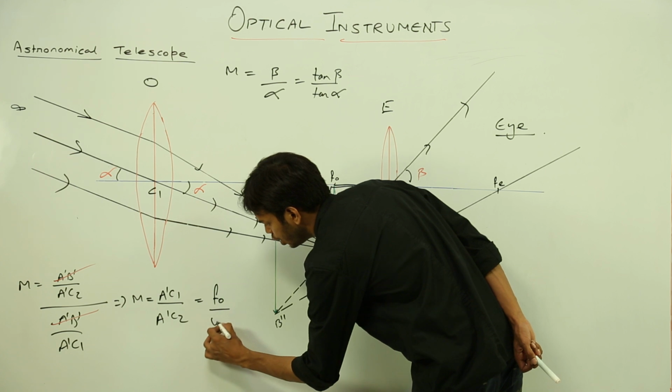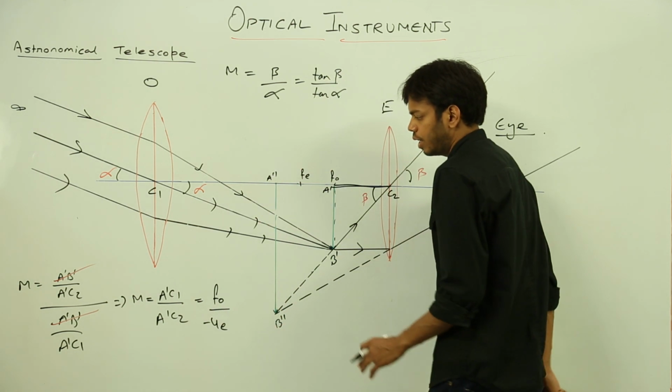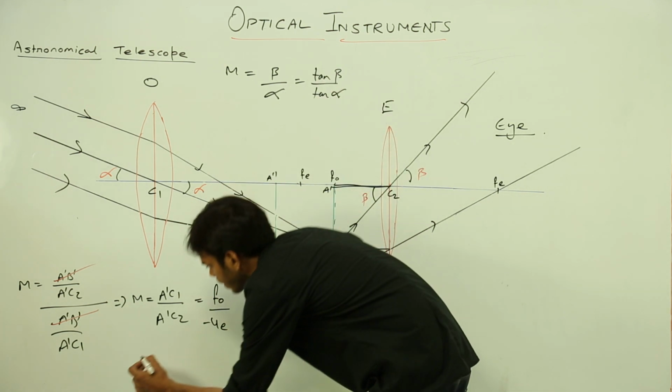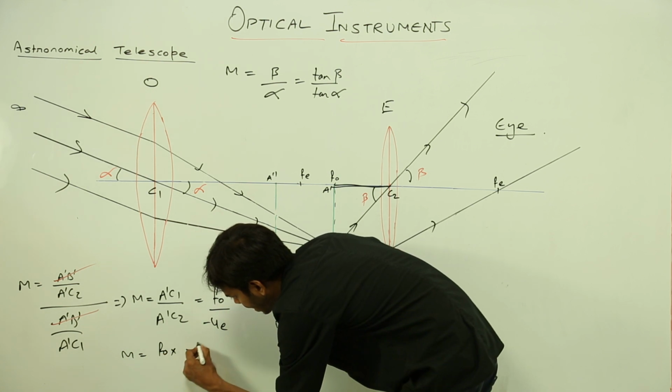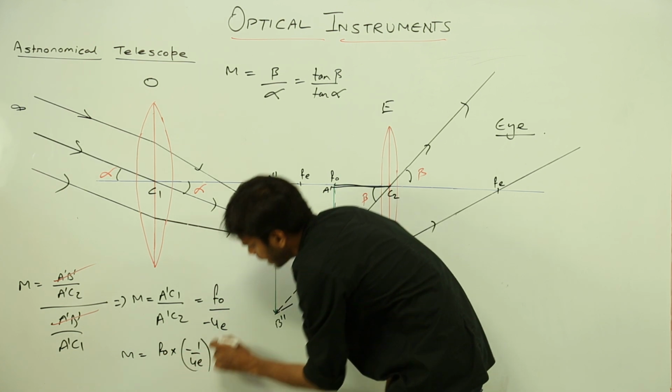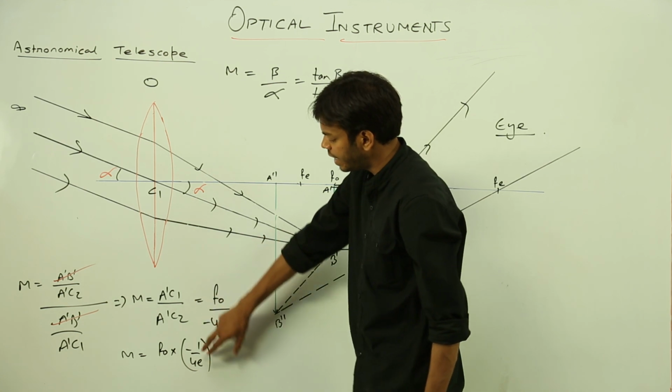So this is UE, which is negative in sign, right? So I can actually write this like this: m is equal to f0 multiplied by minus 1 upon UE. The equation still remains the same. We had f0 upon minus UE. I have just separated it with a bracket.